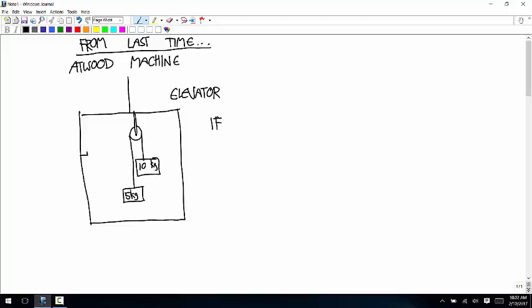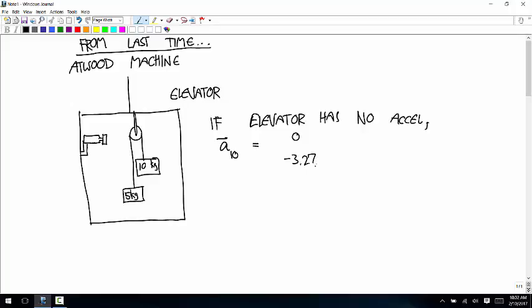Let's say that the motion of this stuff is being observed by a video camera. I don't really know what a video camera looks like. If the elevator has no acceleration, the acceleration of the 10 kilogram mass, we calculated this last time, was negative 3.27, I think.